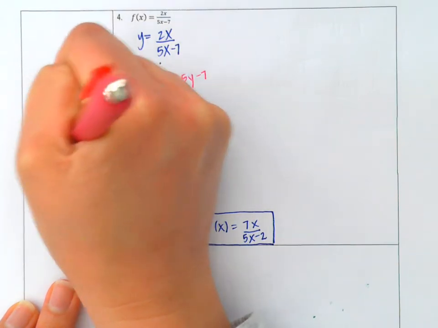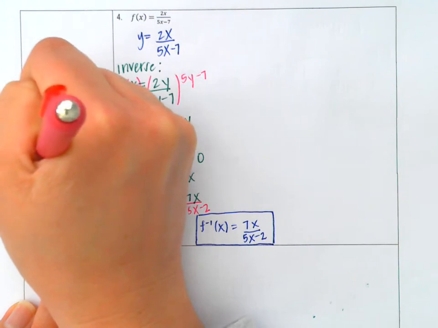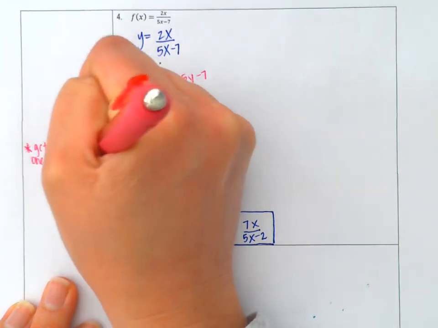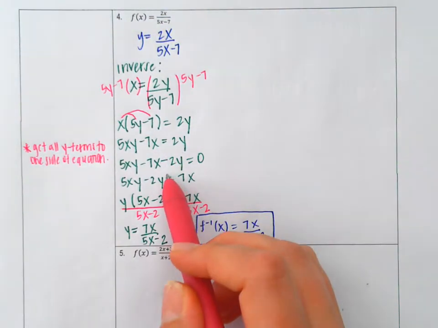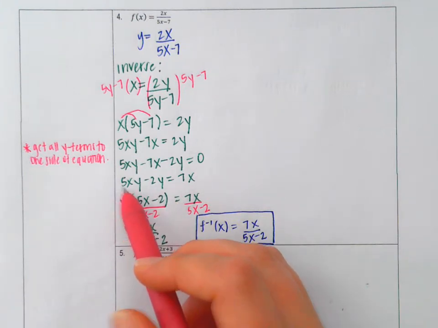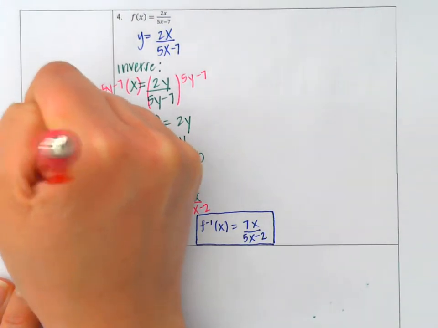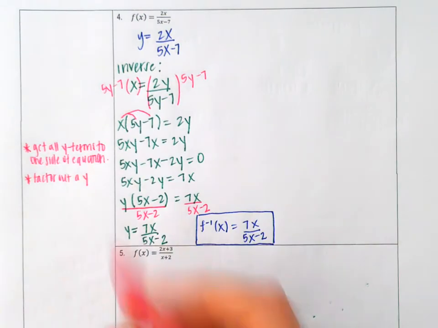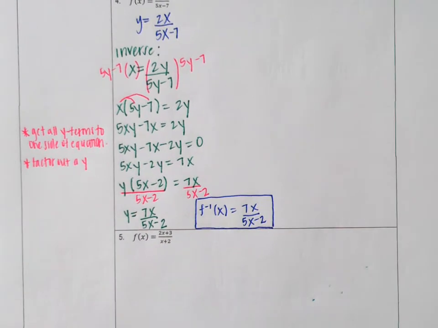Get all y terms to one side of the equation, which is what we did here and here. So all of the y terms are on one side of the equation, and then you're always going to factor out a y. And then you'll divide and get y by itself, and that will always be the inverse.